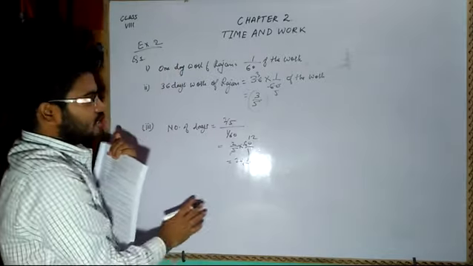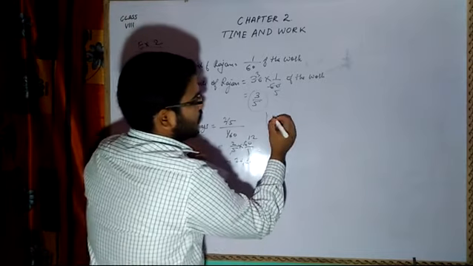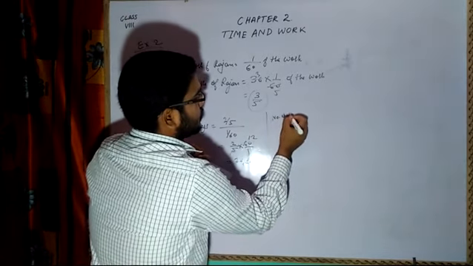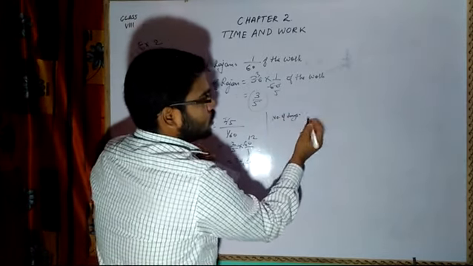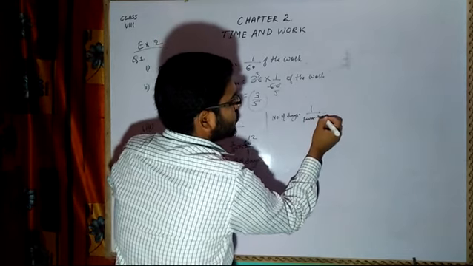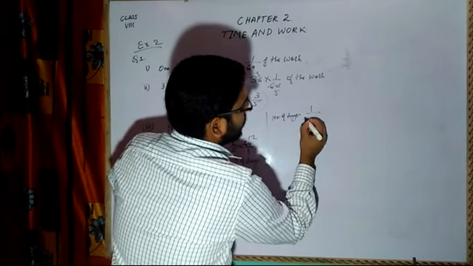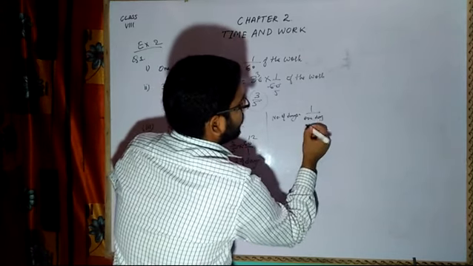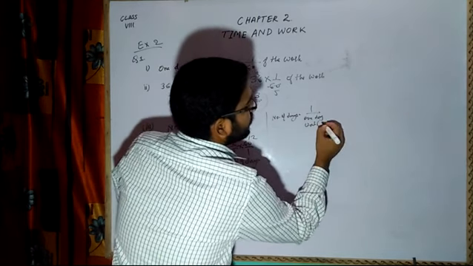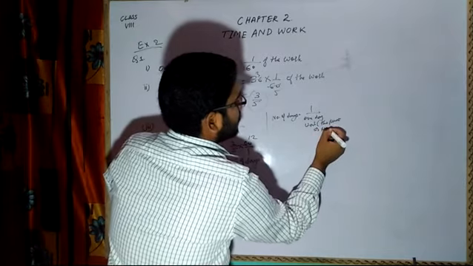So I hope it is clear. From where did I get this formula? I have given the formula: number of days is equal to 1 by the 1 day work of the person or persons.